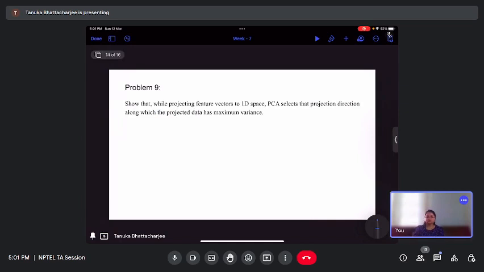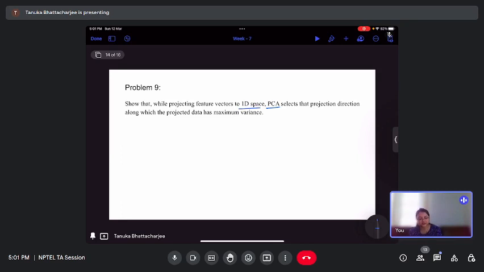Now, let us see this one. Show that while projecting feature vectors to 1D space, PCA selects that projection direction along which the projected data has maximum variance. So, you are using PCA to project your data to 1D space.